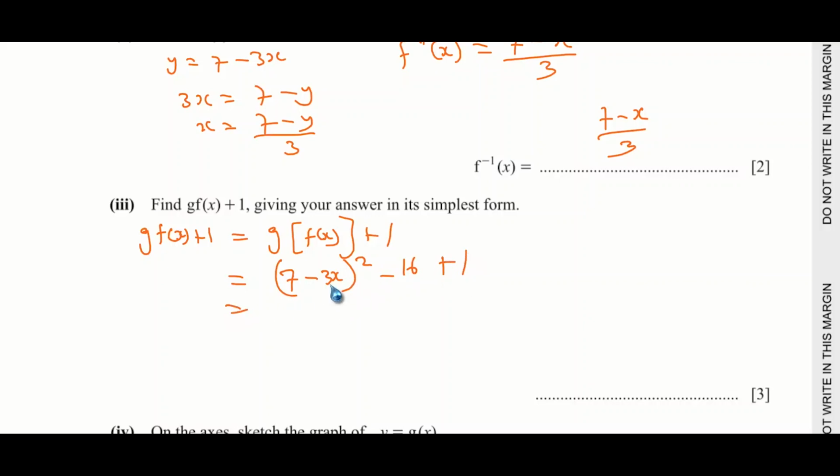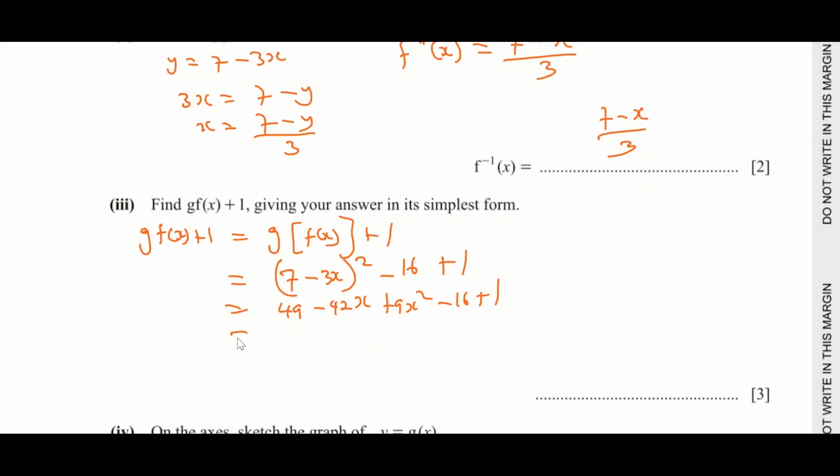Then if you expand this, we should get 49 minus 42x, 7 times 3, 21, 7 times 6, 42x, then plus 9x squared, then minus 16, then plus 1.